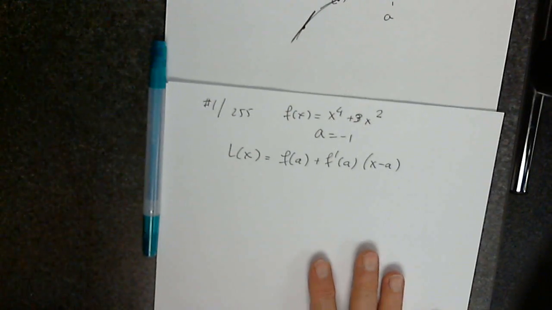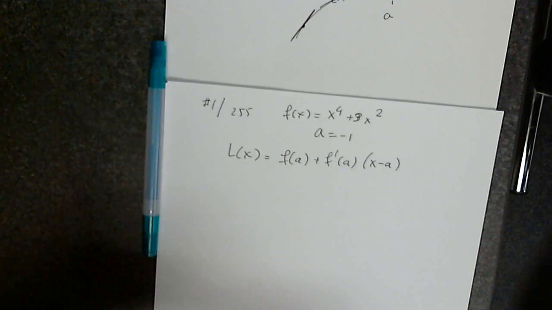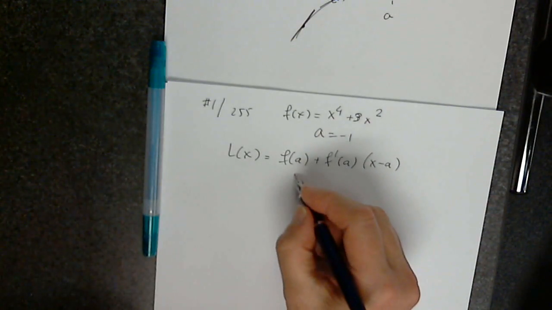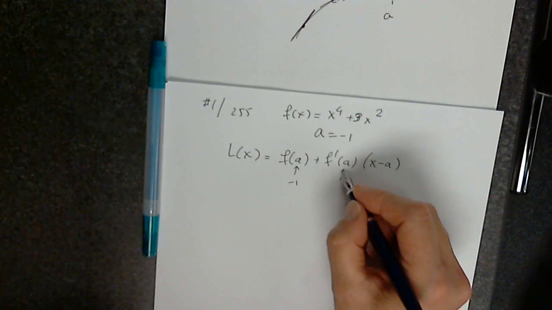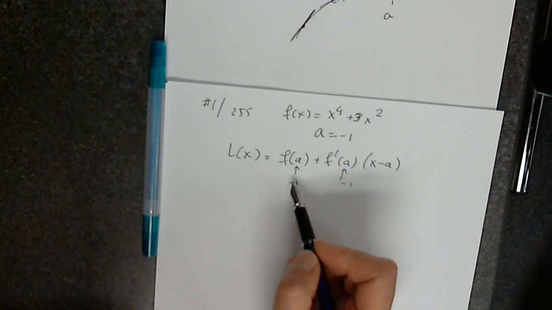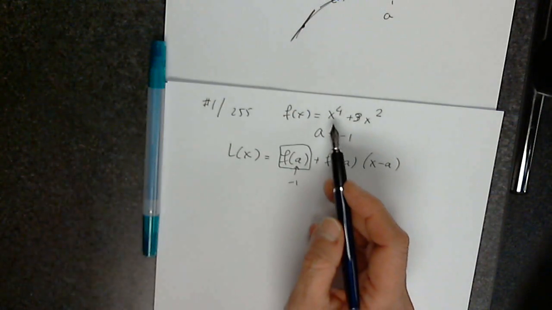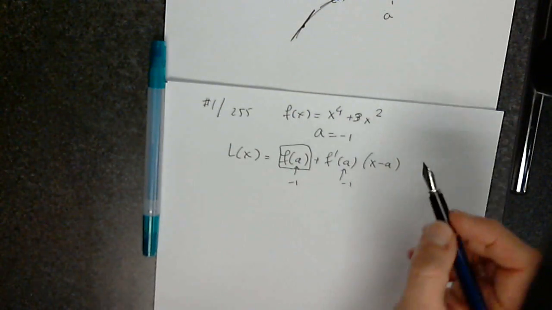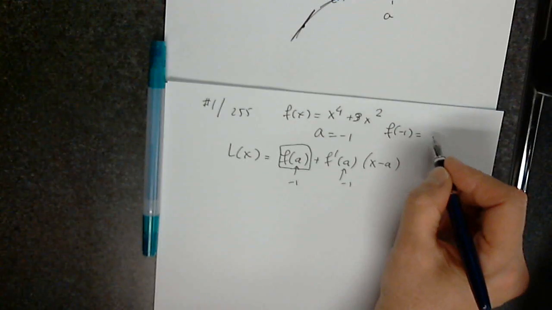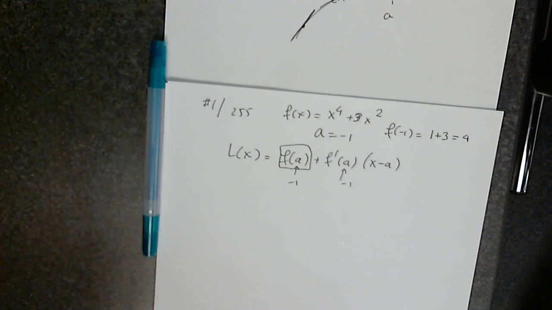Okay, so I have a, which is -1. I have f of x. So in order to find the first piece, I only plug in -1. -1 to the fourth is 1. So f of -1 is 1 plus 3, which is 4. Do you agree with 4?